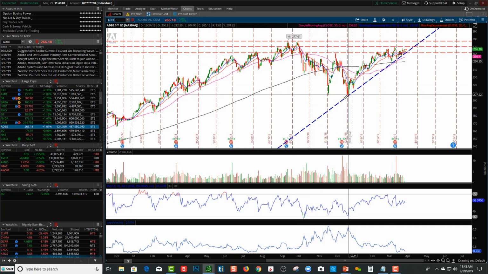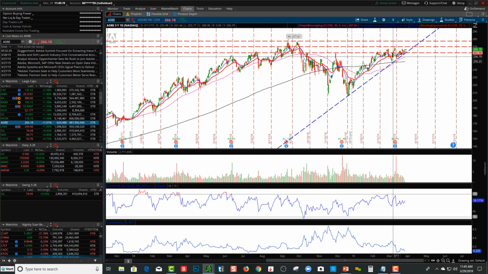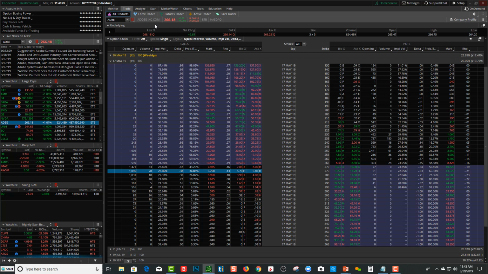So again, let's just say for the sake of this video, Adobe is going to continue to rise. Let's say we believe Adobe is going to stay above this 261 level, but to be safe, let's say $260. So if we go to the trade window, we say Adobe's going to stay above 260.